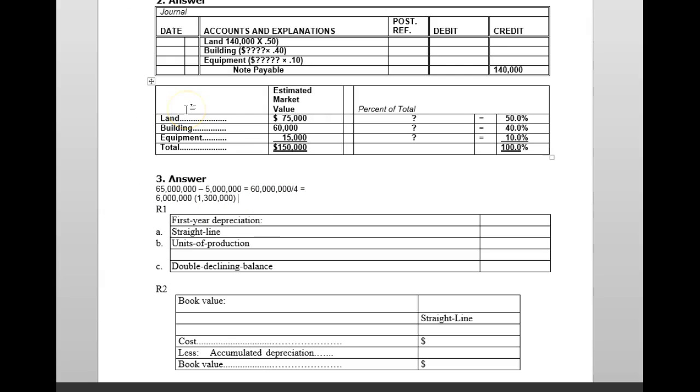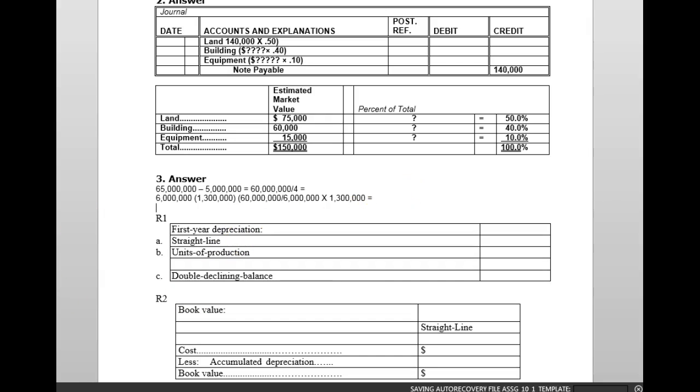Okay, so now you're looking at 60 million divided by 6 million. And the equation looks like this. You're going to take that $60 million, it's a lot of money, divide it by 6 million, and then multiply that times 1,300,000 for the first year depreciation using the units of production.